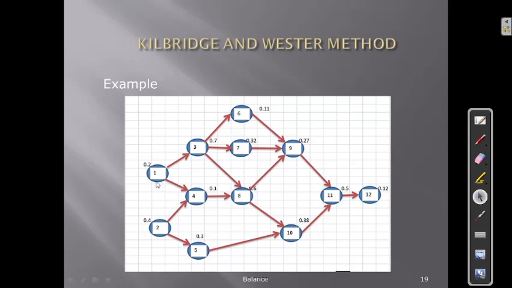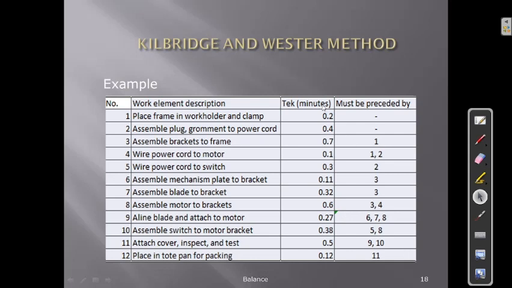Mainly we draw this diagram, and after that we put the time in minutes along with each work element. Work element 1 has 0.2 minutes and element 2 has 0.4. Likewise, we put all of them together with the corresponding work elements in a tabular column, showing the time in minutes for each element.